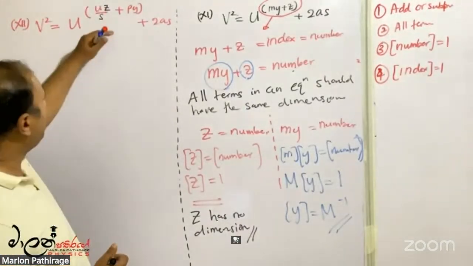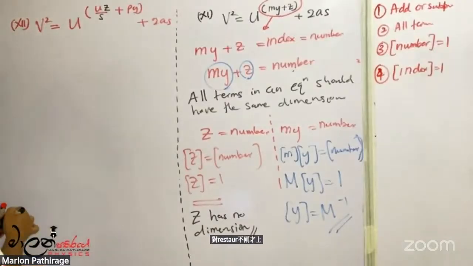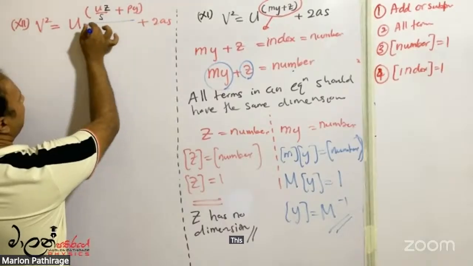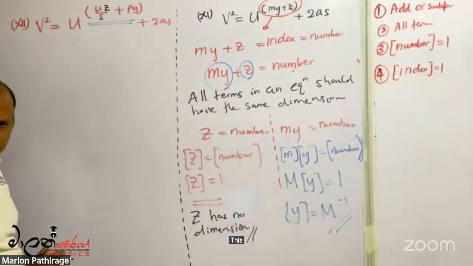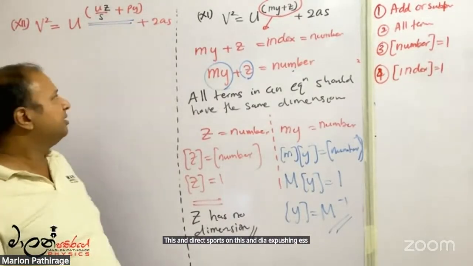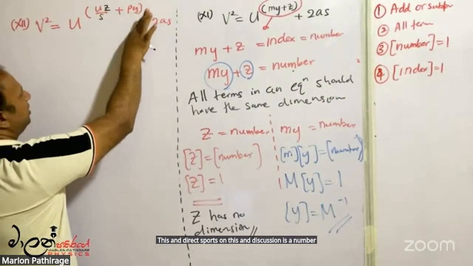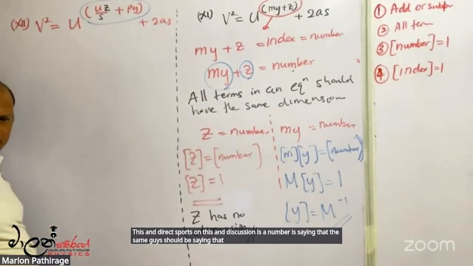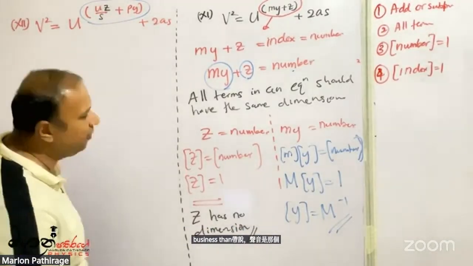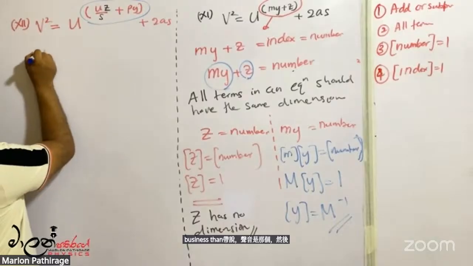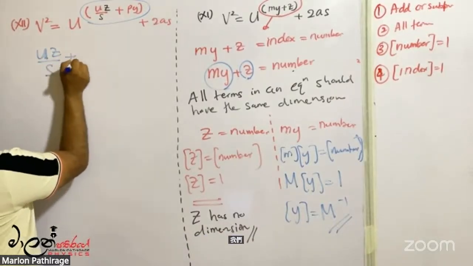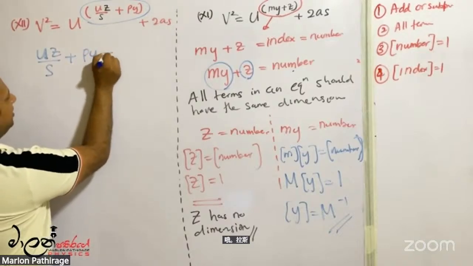Then this part, look at this one. It is very clear. This entire expression is a number. Therefore, U z over S plus Py is an index.